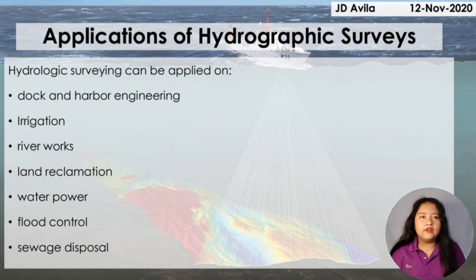So lastly, hydrographic surveying can also be used in sewage disposal or the disposal of the wastewater. So sewage disposal is the process of removing or destroying or converting the harmful substances that are found in the sewage, and it is by means of ammonification, nitrification, or even bacterial action.